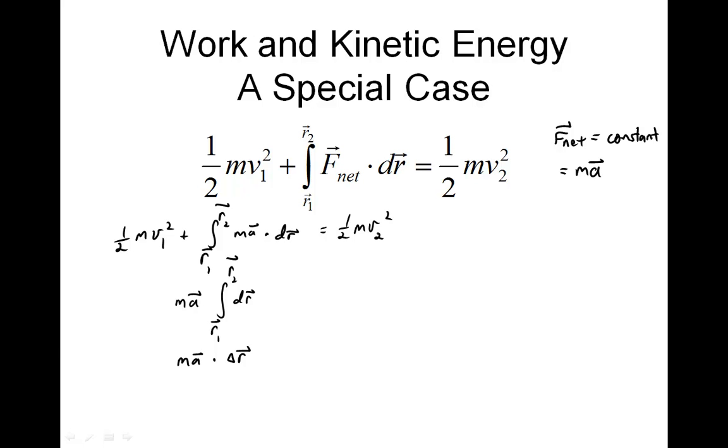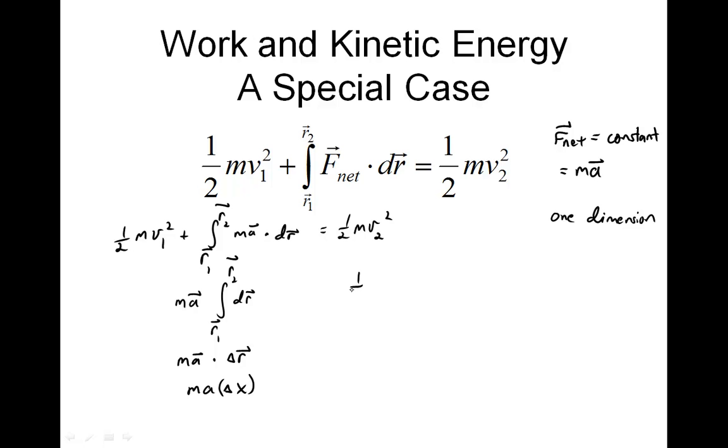And furthermore, let's make this special case one-dimensional. And so in that scenario, the displacement and the acceleration are along the same dimension. Now one could be positive and one negative, but I'm going to end up with ma delta x. We'll just assume that it's along the x-axis since it's one-dimensional.